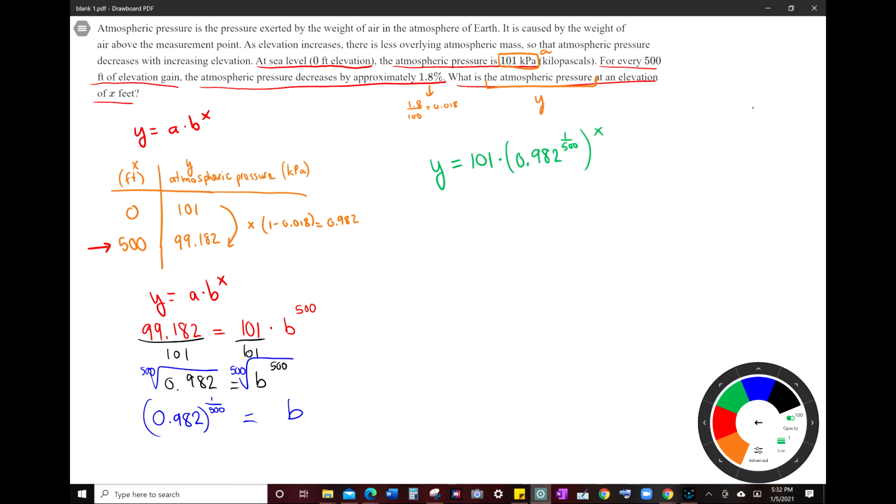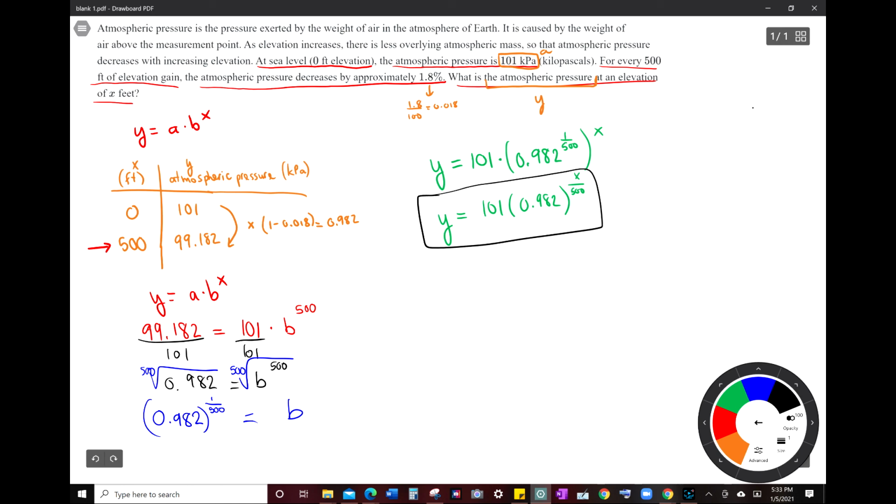You can leave it like that, or you can use the power rule to rewrite it in a different way, which is 0.982 raised to x over 500. So this is the complete answer for this problem.